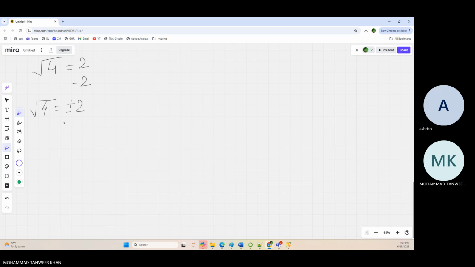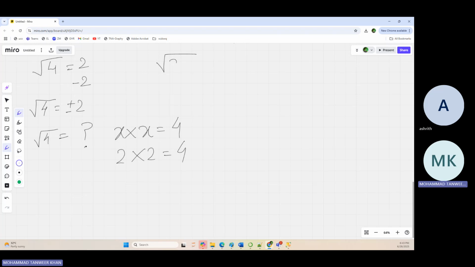When you are trying to find the square root of 4, what is the meaning of this? We are doing 4 to the power 1 by 2. It means you are searching for a number, let's say x, which when multiplied by itself gives 4. This is the meaning. That is why you are telling 2 is the answer, because when 2 is multiplied with 2, you get 4.